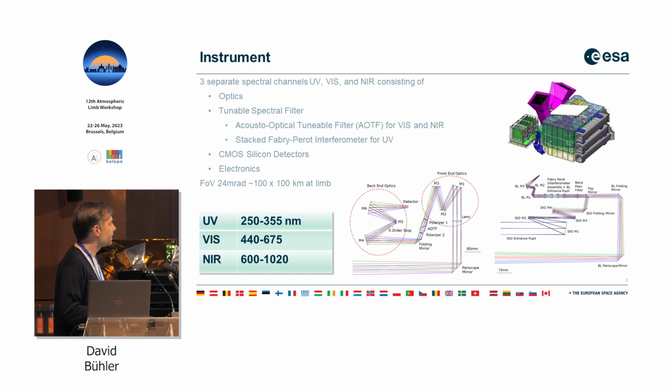In the UV we have an extra aperture in order to increase the SNR during occultation mode. And another key component which has not been drawn in here is that we have a switching mechanism. In the UV you can see it to switch between the two apertures, but we also have a neutral density filter in these switching mechanisms, so that will allow us to observe the sun, as you know.